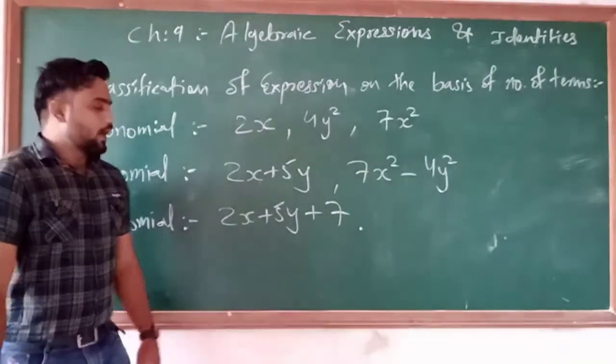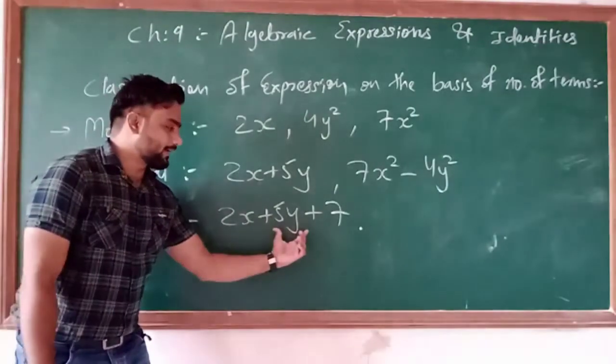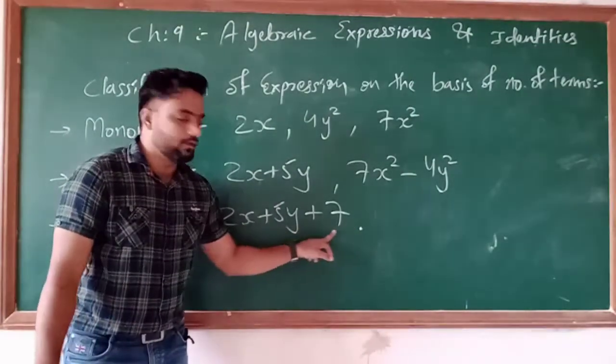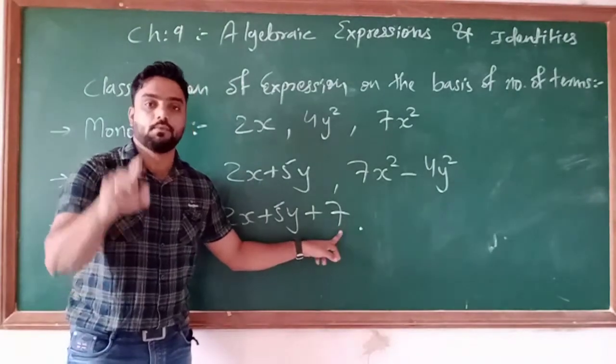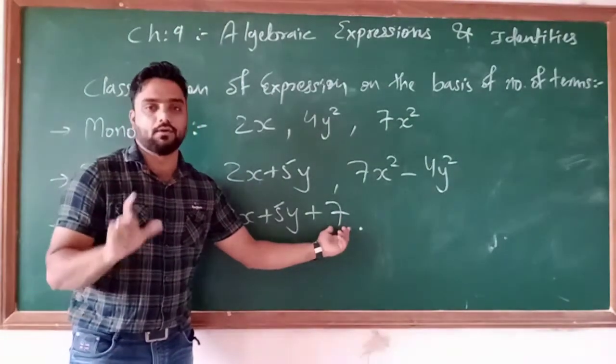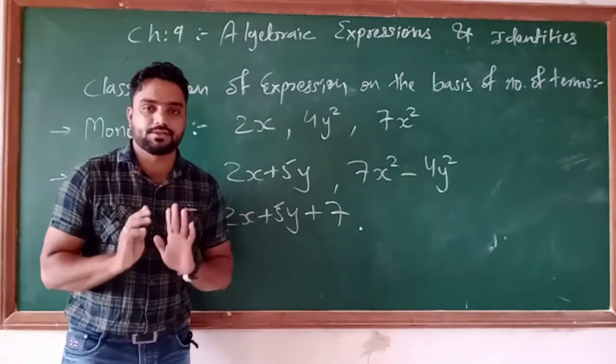Here just see how many terms are there. First term, second term, and the third term. Keep this in mind: here 7 is also considered as the third term, though it has a known value. Understand or not?